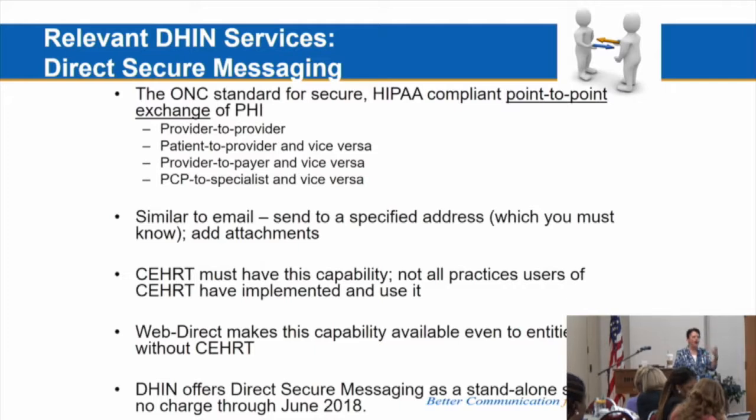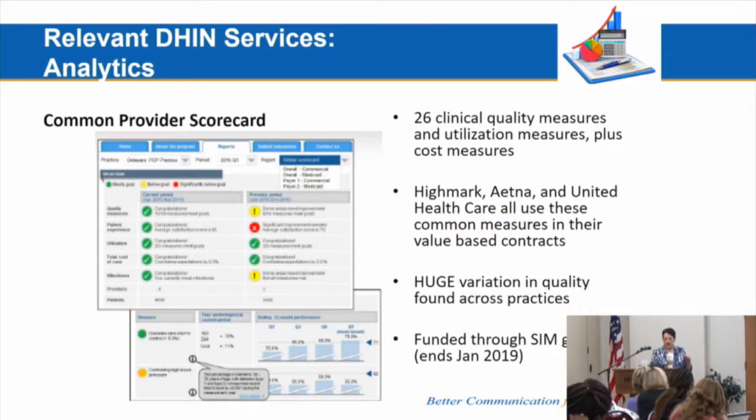And if so, have a conversation with them about whether they would be willing to consider adopting this tool, and send them our way, because we are not charging for this right now. We had some external funding to support this through June of 2018. So, all right, moving right along.